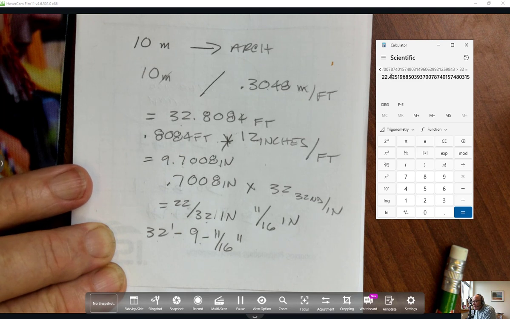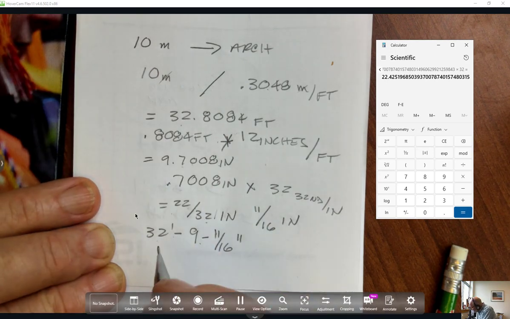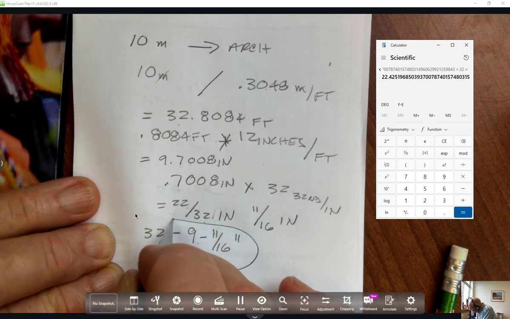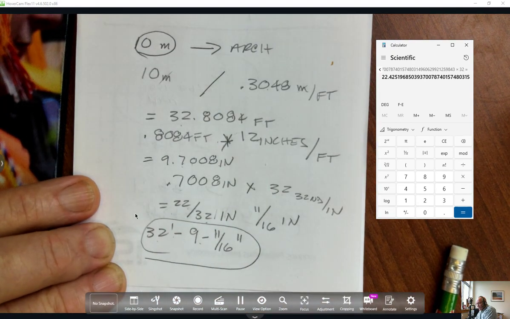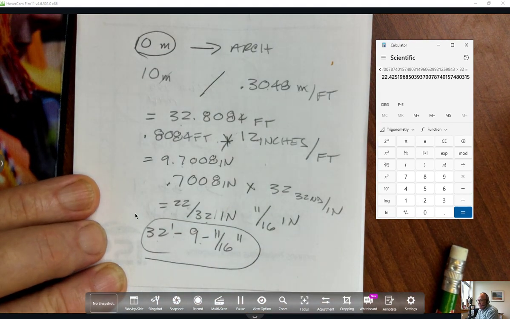If that were a 5, the nearest whole number would be 23, but since it's a 4, the nearest whole number is 22. 22 over 32 can be reduced to 11/16. So architecturally, 10 meters is the same as 32 feet 9 and 11/16 of an inch.